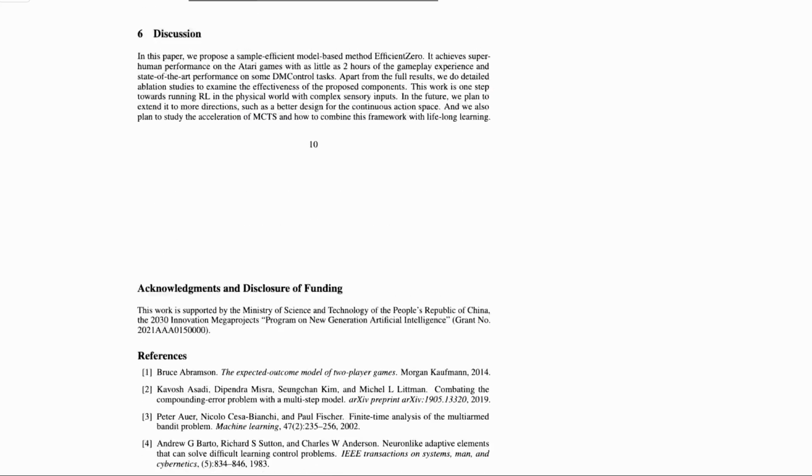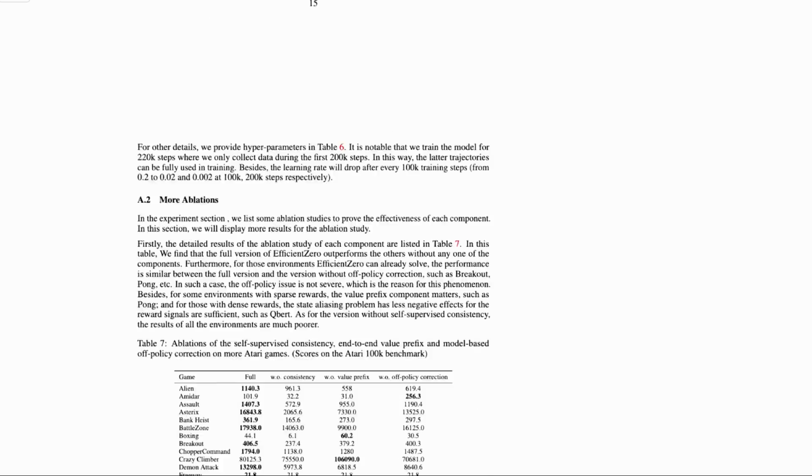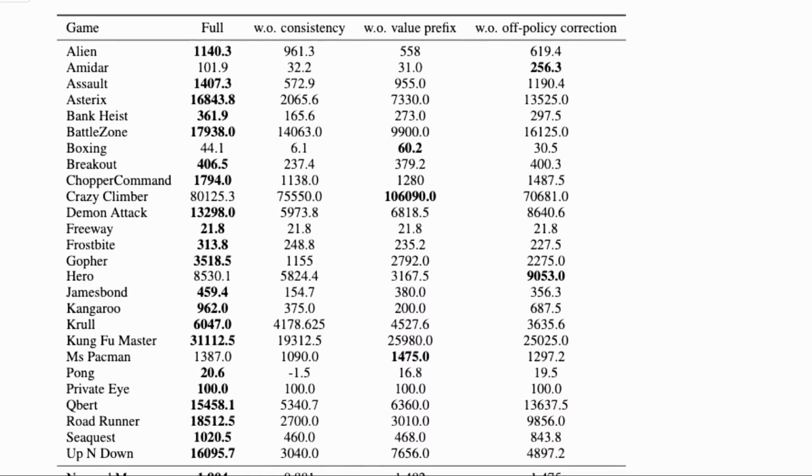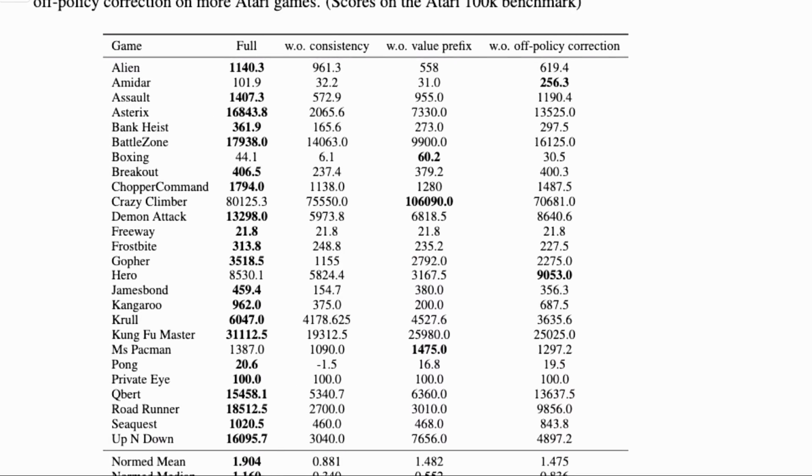That is it. What I noticed in the ablations, and this is pretty much in all the ablations, is that there is no consistent ranking. So they have 3 improvements right here. And sometimes this improvement right here, for example, will be the most valuable. So you can see that without the value prefix, Alien drops quite a bit.